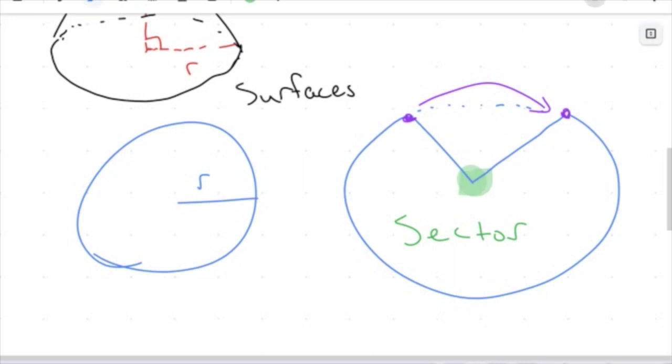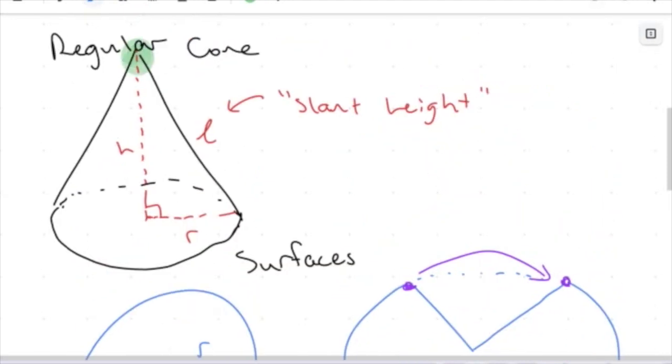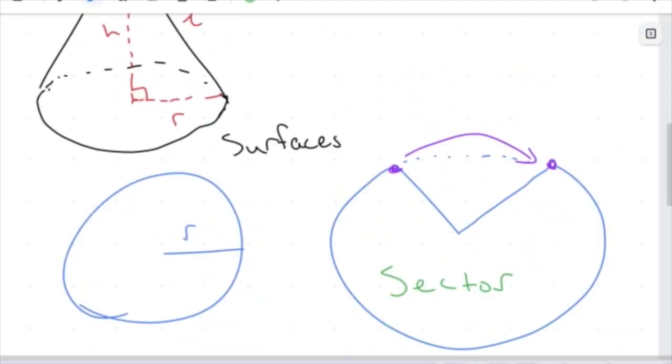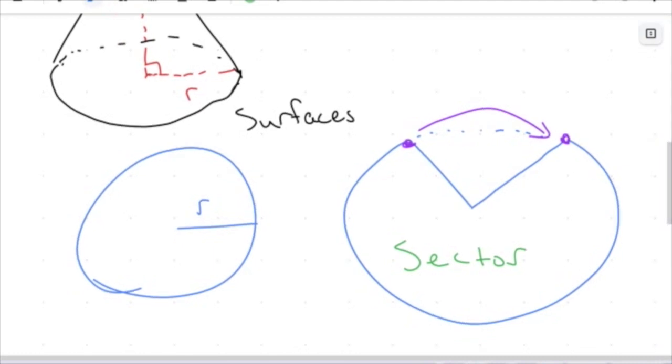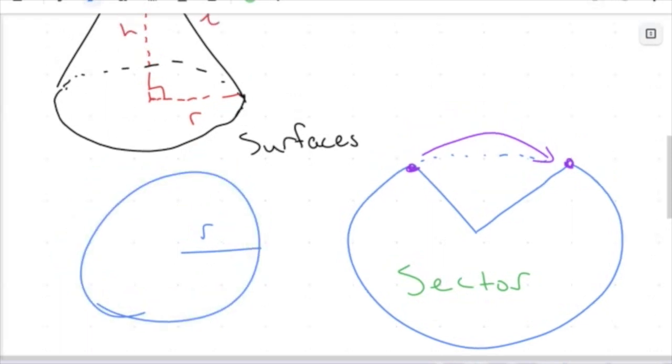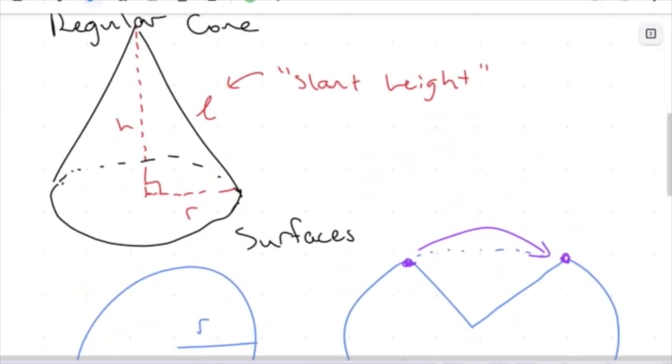That becomes our pointy bit right at the top of our cone. So when we construct cones, we have our base circle, and then we fold our sector so that this line overlaps with this line perfectly. Once we have that, we just match it and place it on top of our circle. Hopefully you can see that from this diagram.